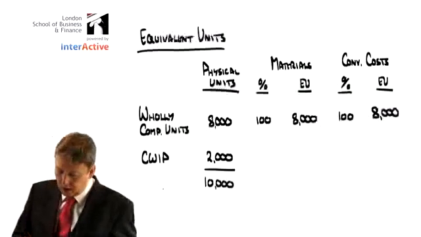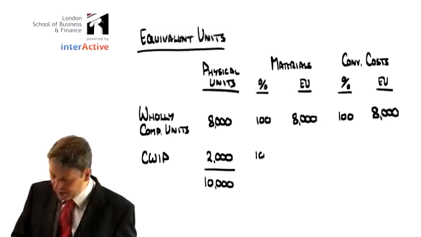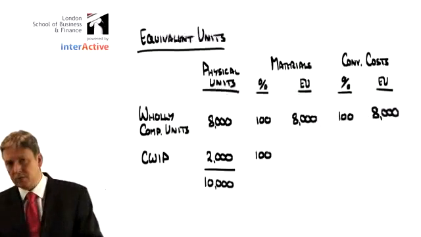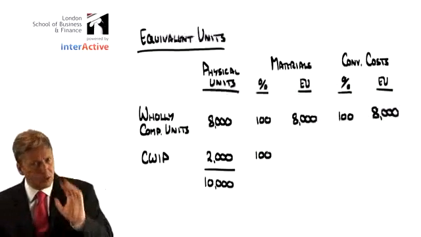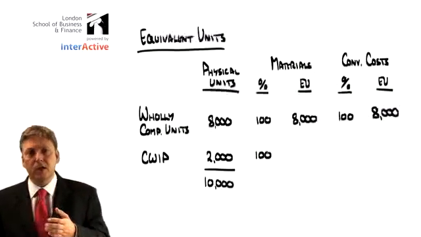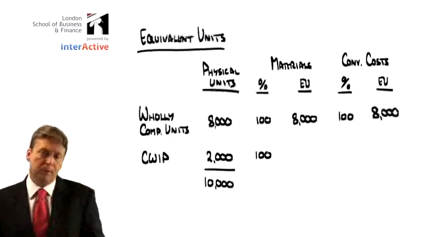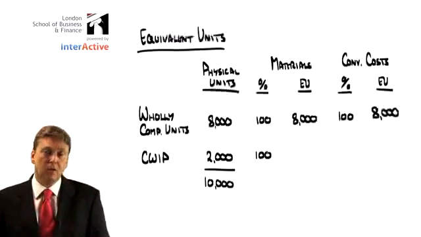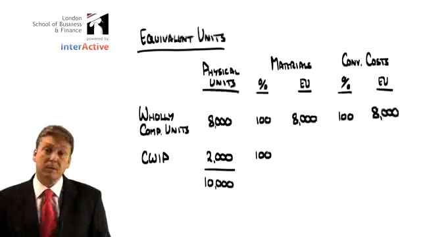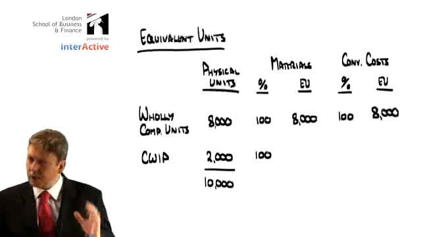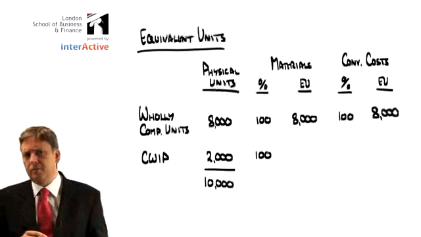When we look at closing work in progress, we said it was 100% with regard to materials. Remember, that's quite normal. We introduce the materials often at the beginning of the process and then do something to them. As a result, we would expect them most of the time to be 100% complete, although they don't have to be if the examiner's playing games.